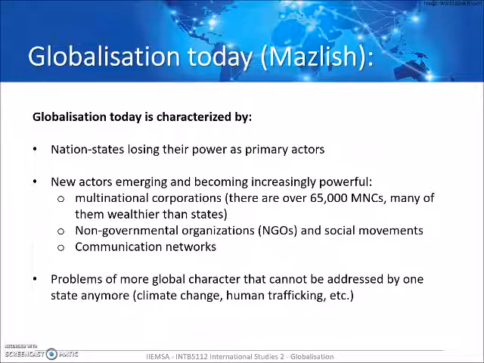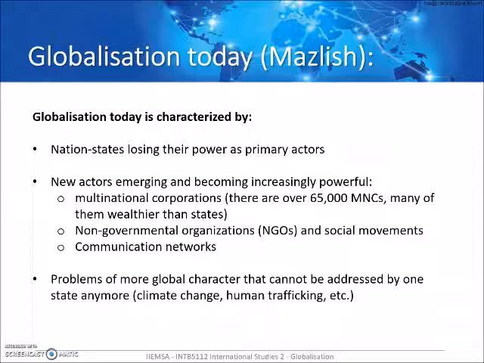And a third aspect that is very important, and that characterizes today's globalization to a very high degree, is the fact that problems are of more global character and cannot be addressed by one state anymore. Like we have problems like climate change that cannot be addressed by one country, even a big country that is a big polluter like China or like the US. It's not enough if that country alone takes measures.